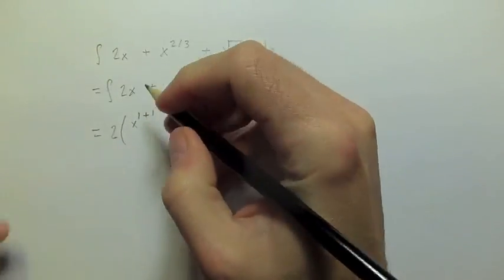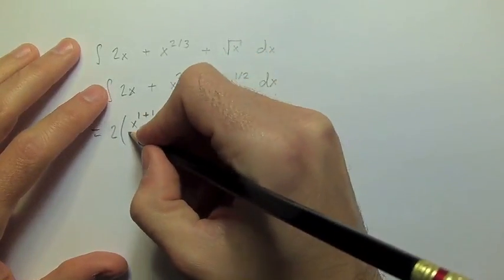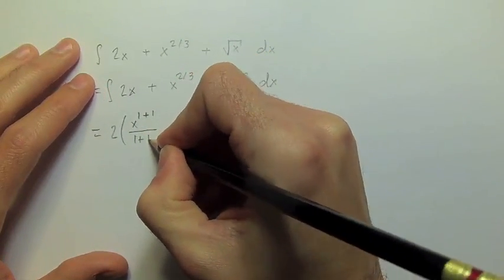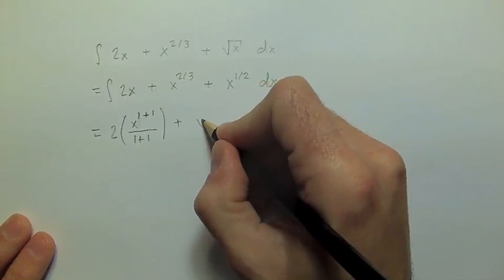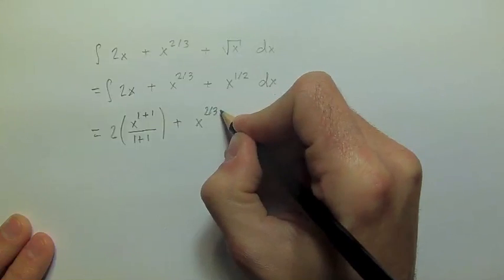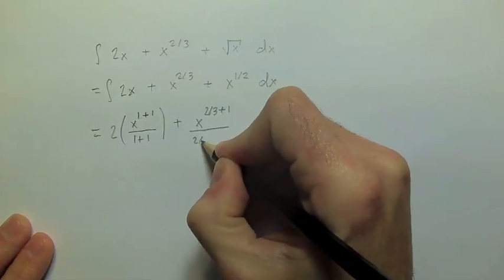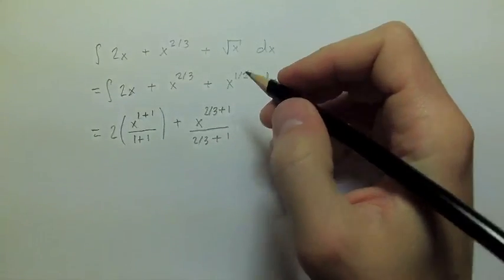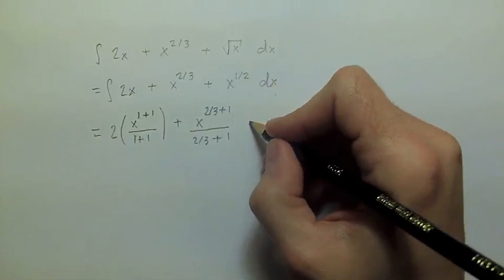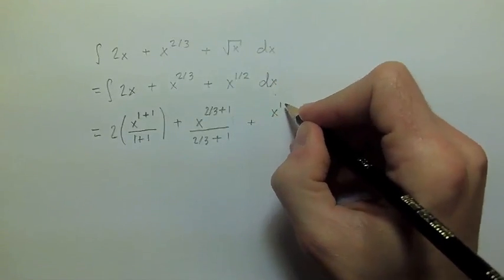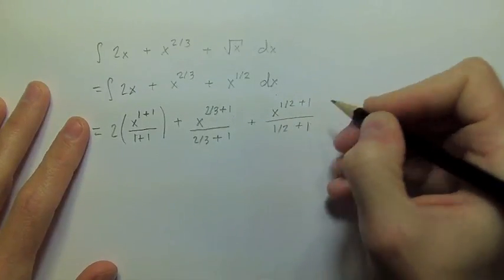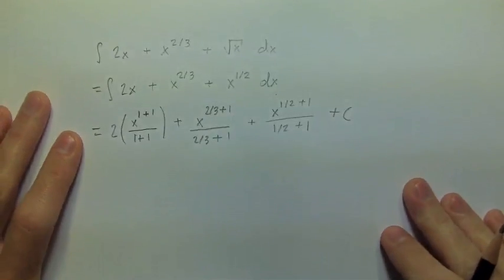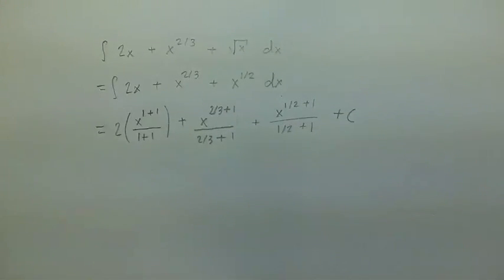This will be x to the 1 plus 1, all over 1 plus 1, plus x to the 2/3 plus 1 over 2/3 plus 1, plus x to the 1/2 plus 1 all over 1/2 plus 1. It looks really messy in this form, but this really shows what we're doing at each step with that backwards power rule.